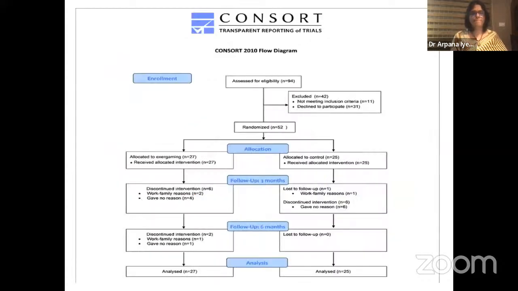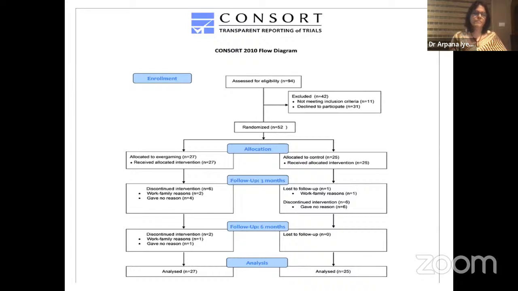Starting with this CONSORT flow diagram, the follow-up period is mentioned at each of 3 months and 6 months, and there are reasons also mentioned why some subjects were discontinued, like work, family reasons, gave no reason.